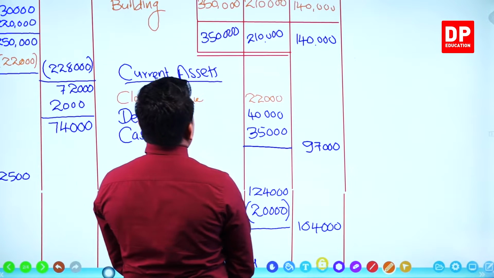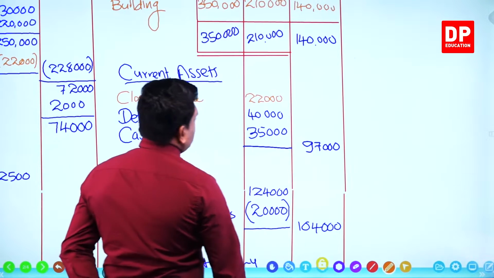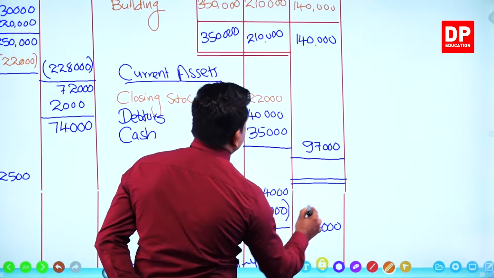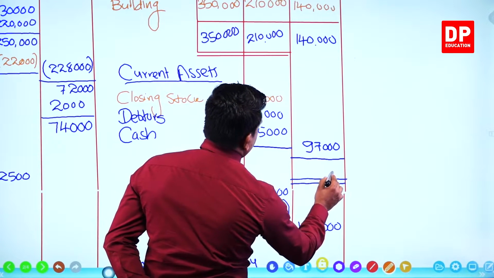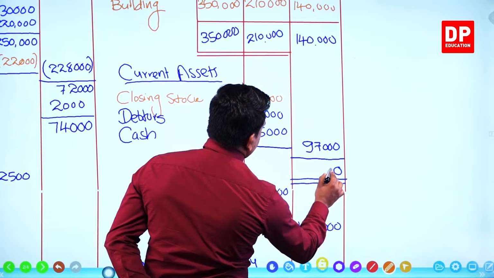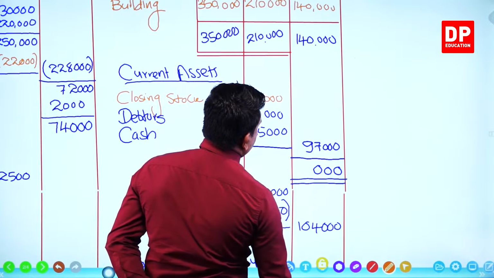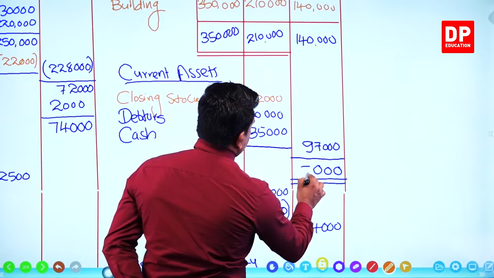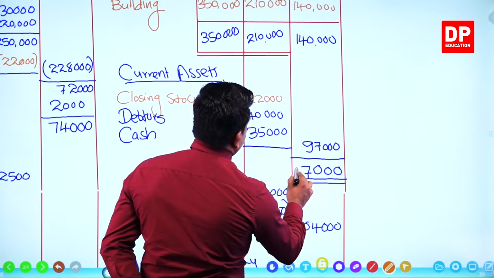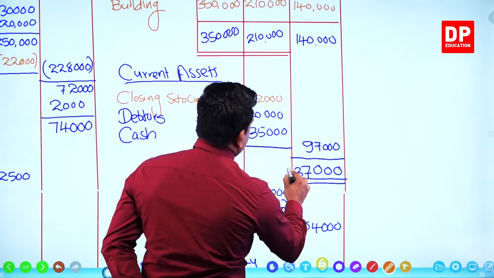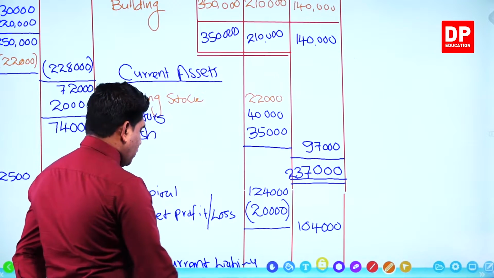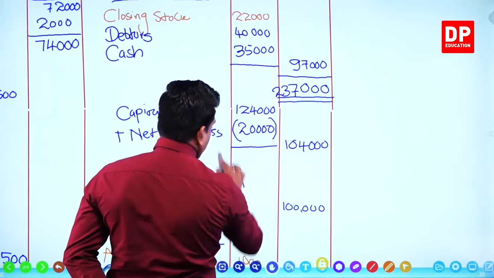Total non-current assets 140, total current assets 97. You get the total of this: 237. Right? Now we go to the area below, 104.